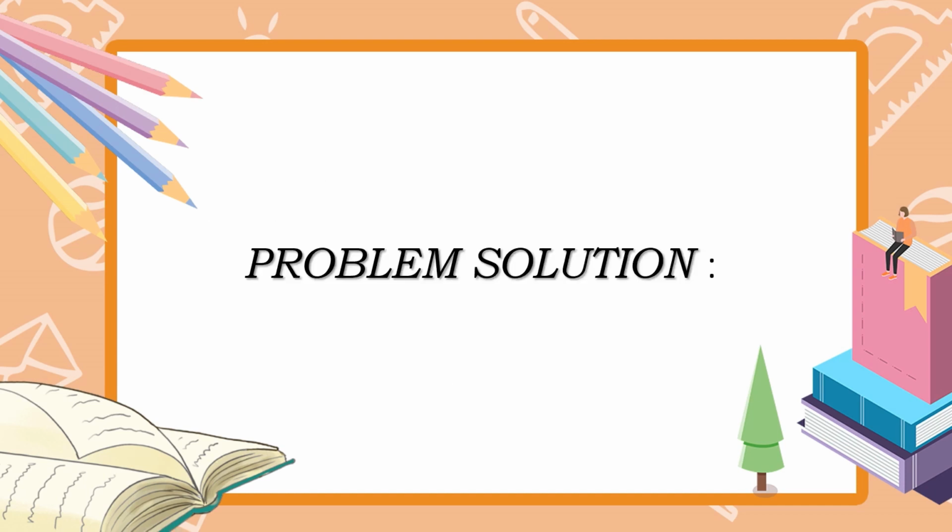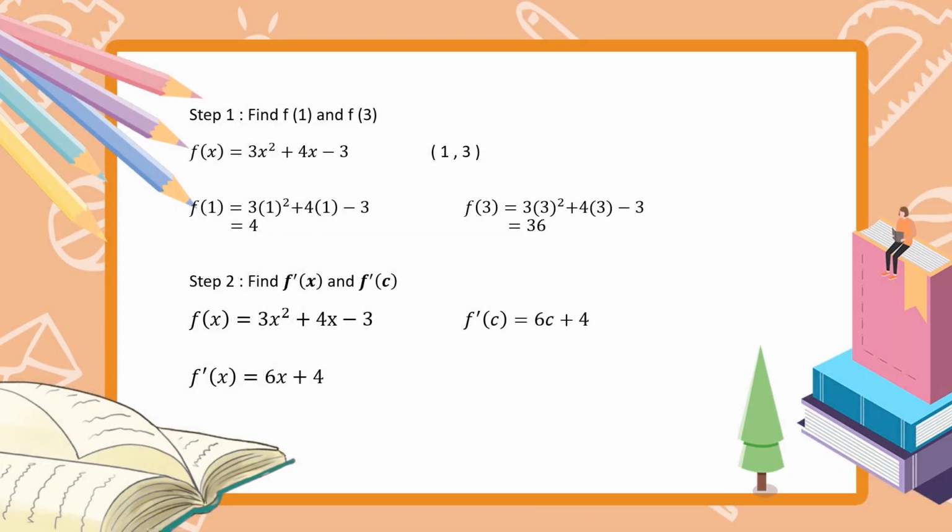Now, let's do the problem solution of the mean value theorem. The first step to find the value of c is to find f(1) and f(3), so we substitute the values 1 and 3 into the equation. f(1) equals 3 multiplied by 1 squared plus 4 multiplied by 1 minus 3, and the answer is 4. Then f(3) equals 3 multiplied by 3 squared plus 4 multiplied by 3 minus 3, which equals 36.